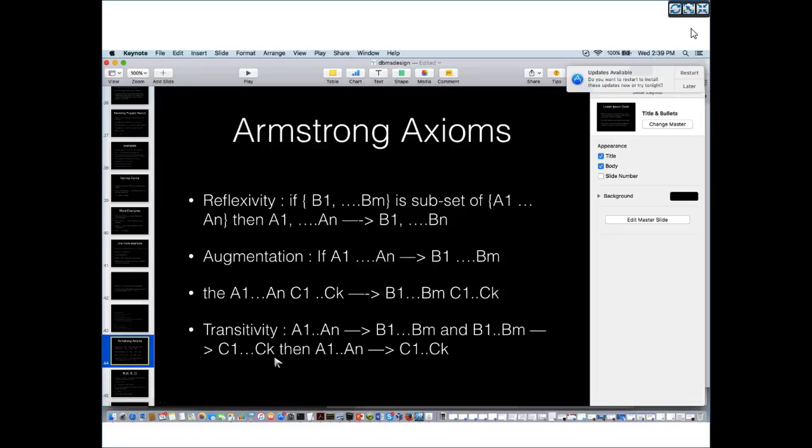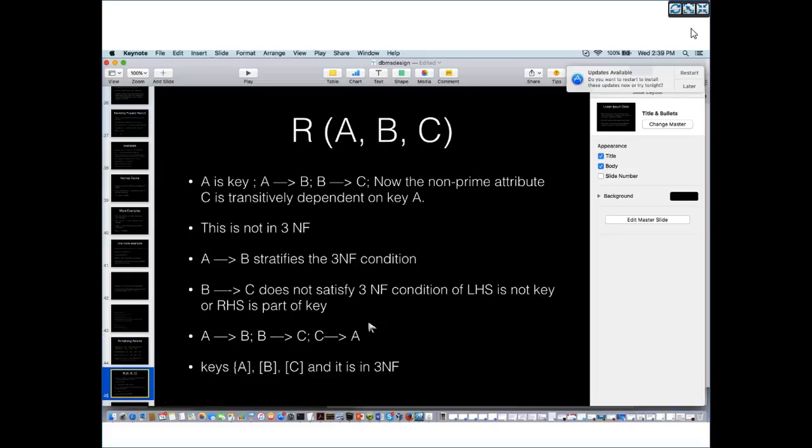What is the transitive rule? If A1 to An functionally determines B1 to Bn, and B1 to Bn functionally determines C1 to Ck, then A1 to An functionally determines C1 to Ck. This is the transitive rule. There is an augmentation rule here, and there is a reflexivity rule here.